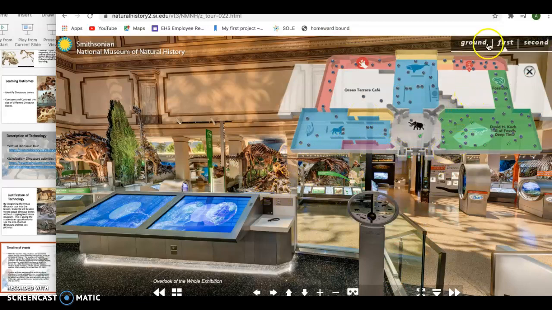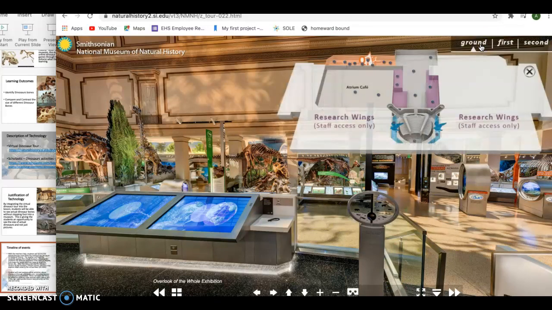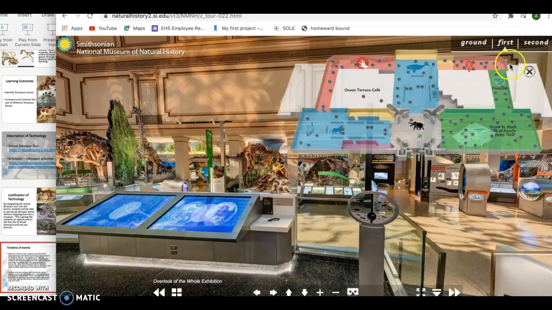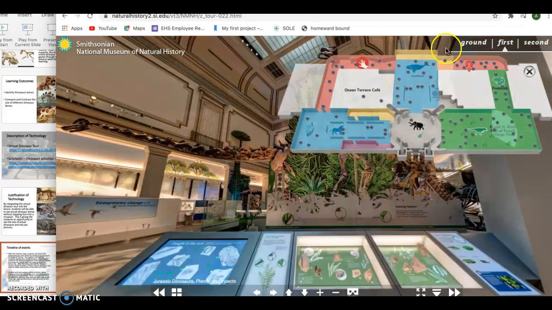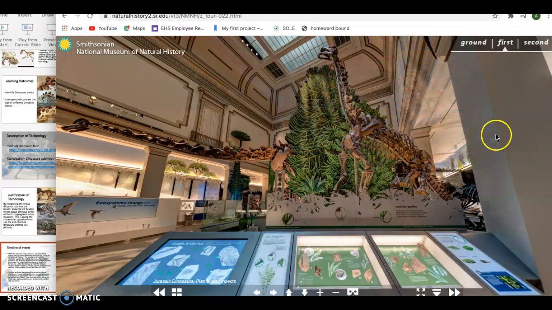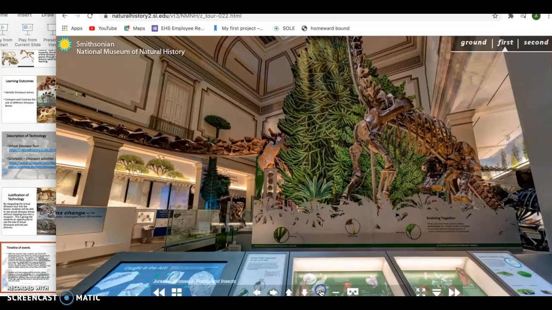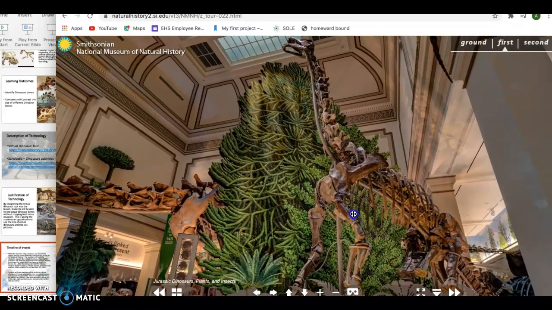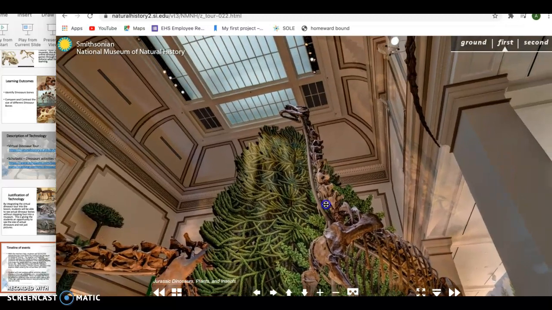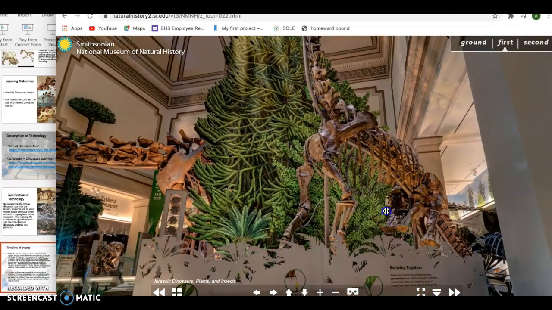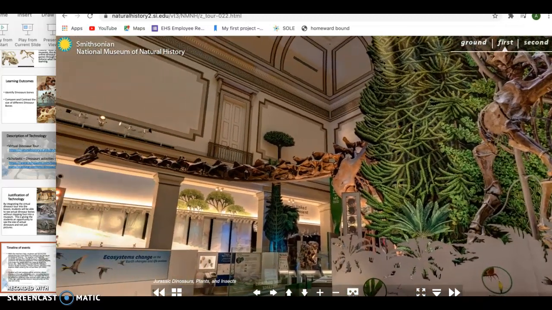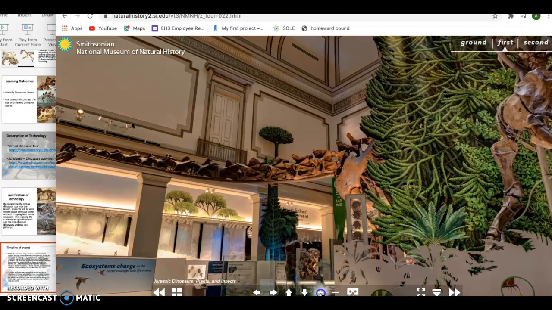so that you can actually go to the ground floor, and on the first floor you would see over here is where the dinosaur museum is, the parts of the dinosaur museum. So then you click on the map and it will come up with the dinosaur bones, and then you can go in and go closer to them so you can actually see how large this dinosaur is and the actual bones that created the dinosaur.